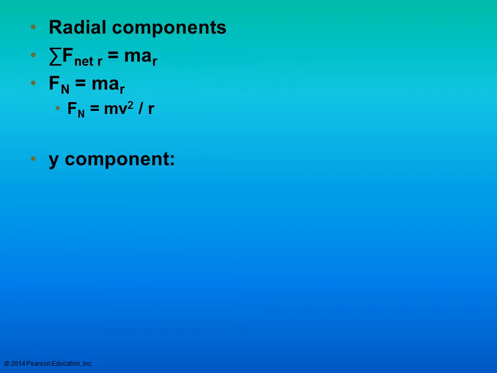The y components: the force of friction is going up, and the force of gravity is down, so the net is equal to 0. We can say the force of friction is equal to the force of gravity, because the force of friction is acting up. We know that the force of friction is equal to mu times the normal force.